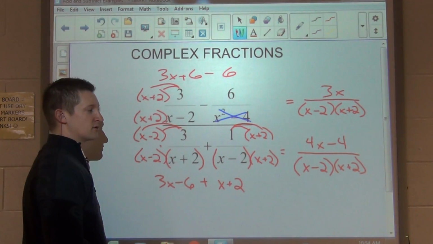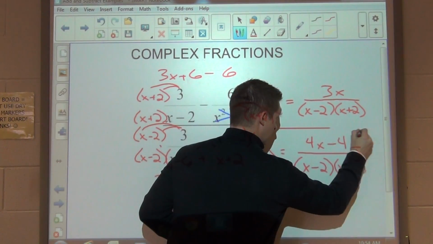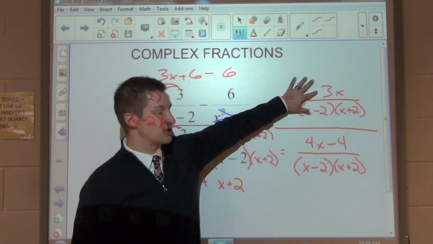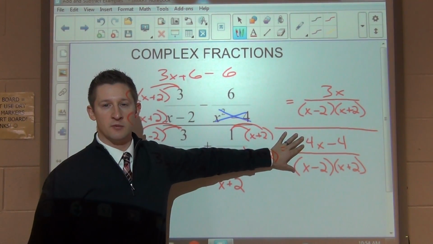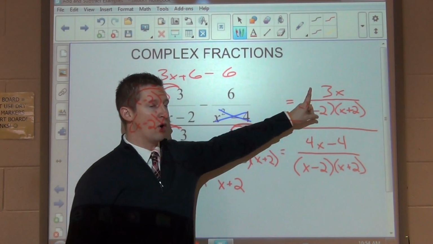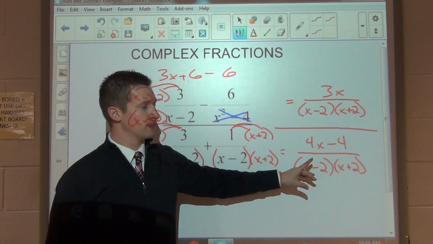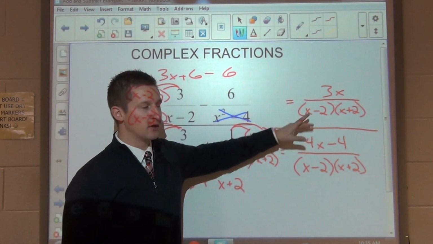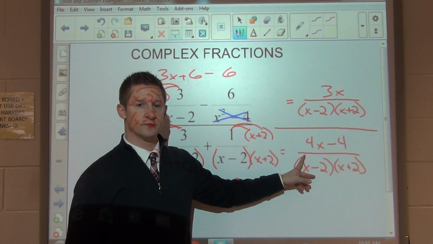So what we have on the right now is still a complex or stacked fraction. I have a fraction in the numerator over a fraction in the denominator. But at least at this point, I have one fraction over one fraction. Now the way that we can interpret this is I have a fraction divided by another fraction.